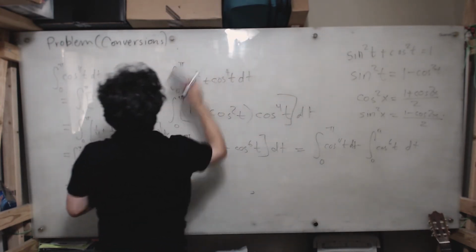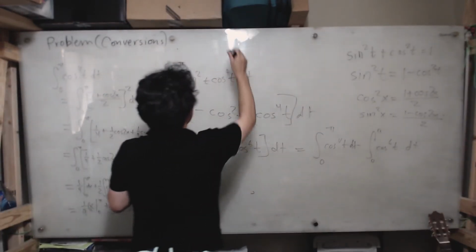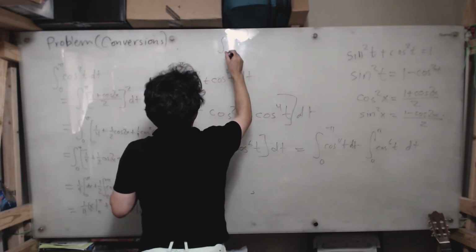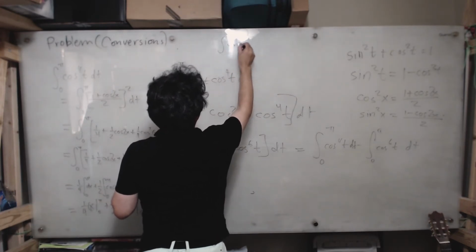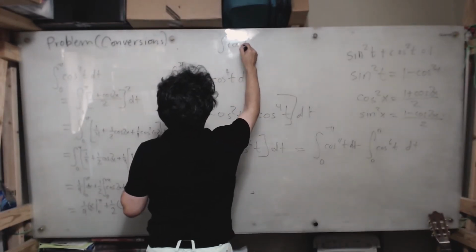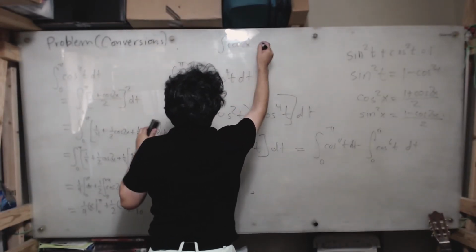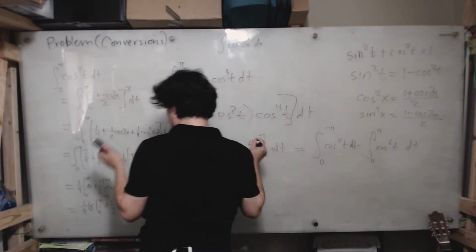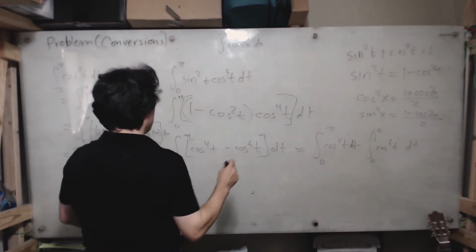Okay, so how did I do that integral? The integral of cosine 2x dx.